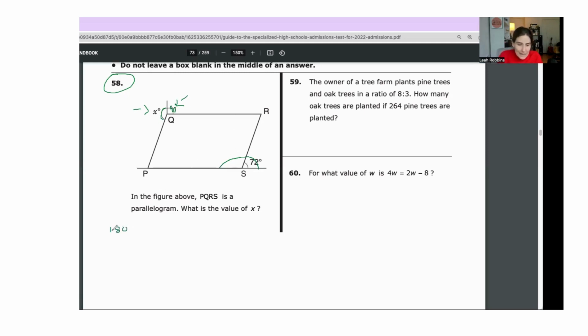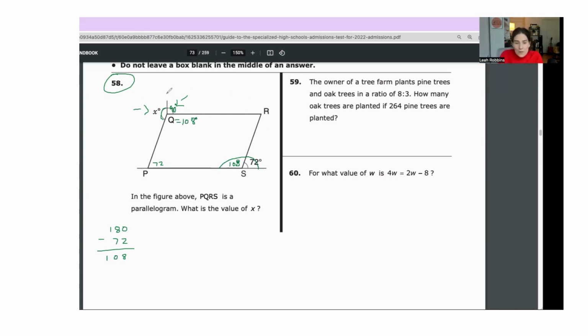When I do 180 minus 72, I get 108, which is the missing angle over here. In a parallelogram, opposite angles are congruent, and the angles next to each other are supplementary. So if this is 108, this has to be 72, but I don't really need that. I know that angle Q is equal to 108 because it is the same measure as angle PSR.